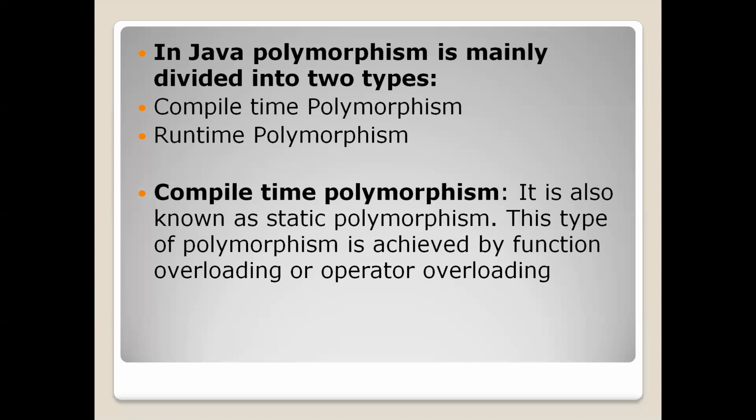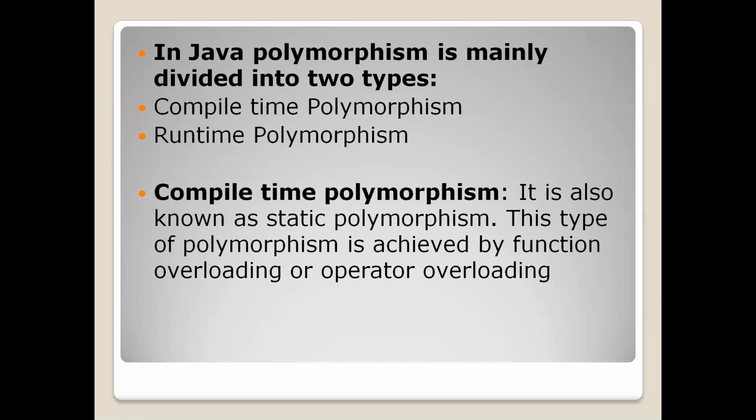Compile time polymorphism can also be called static polymorphism, and it is possible in a program by using function overloading. Remember the terminology: compile time, static, function overloading. Remember these three words. I will show in the example what function overloading is, right?